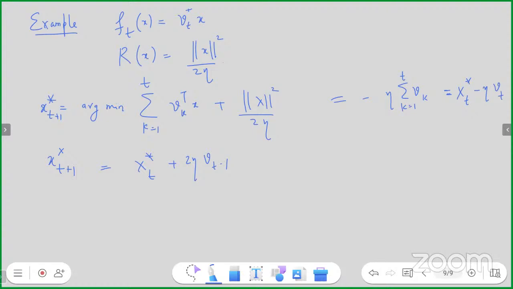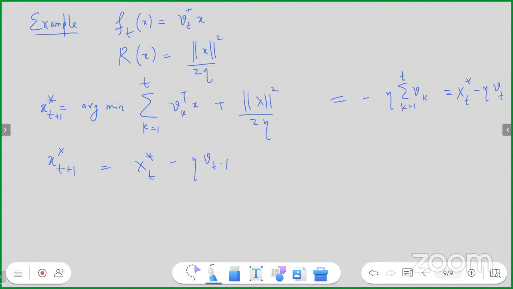So there should be a minus here, just a minus sitting outside. So if I count it towards t minus 1, that will give me xt star and an extra minus eta times vt.